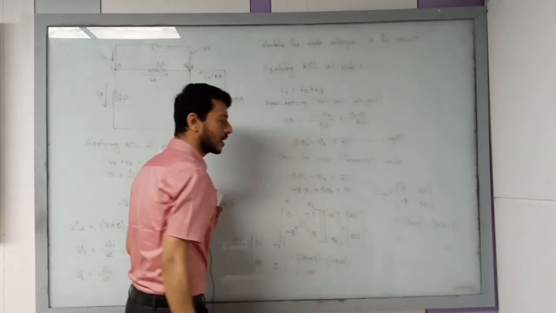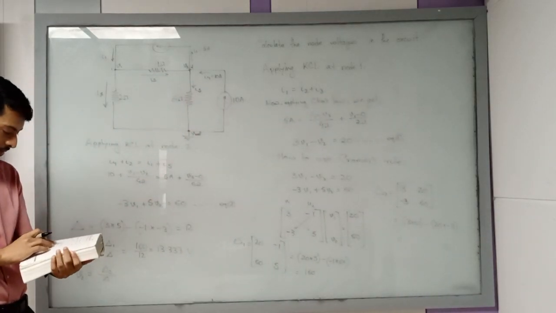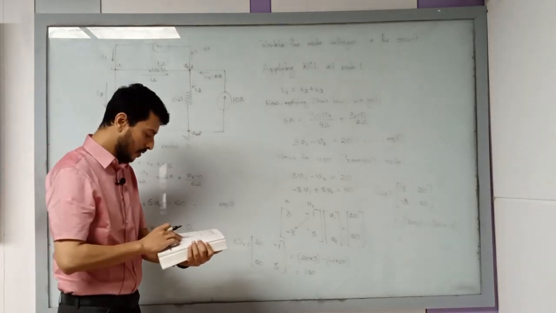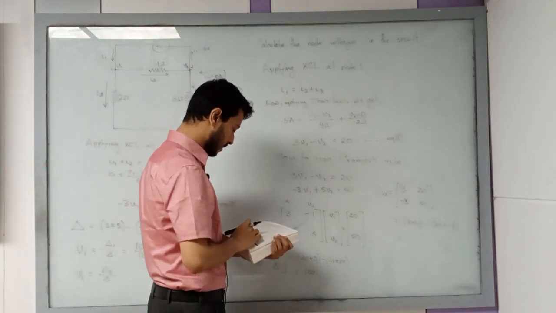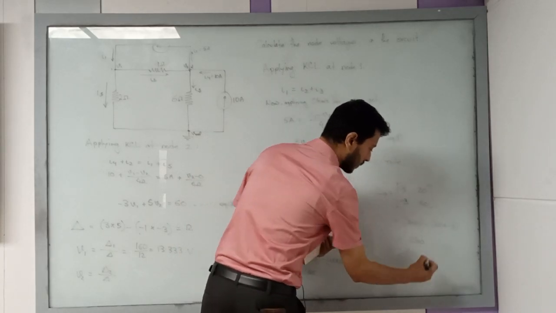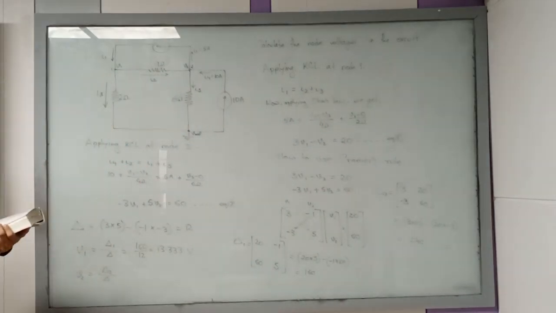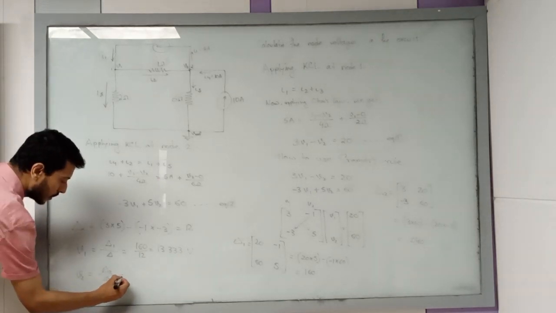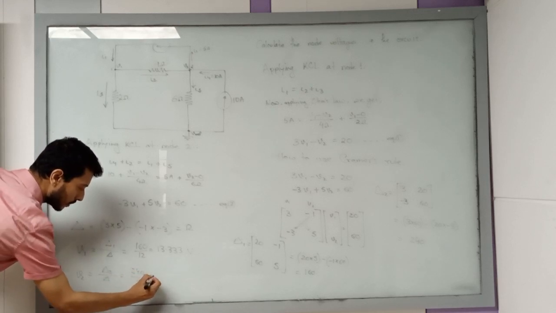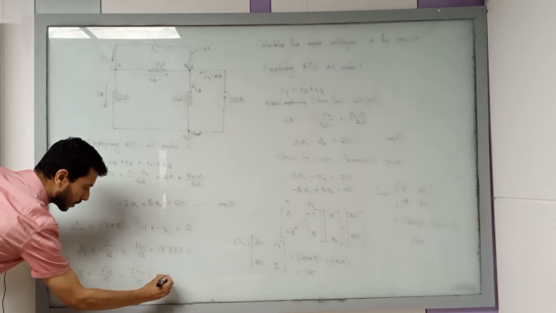So এটা করলে কত আসে? del 2, 180 plus 60, 240. ঠিক আছে? বুঝতে পেরেছো? So এখান থেকে তুমি V2 বের করে ফেলতে পারবা। 240 by 12, which is 20 volts.